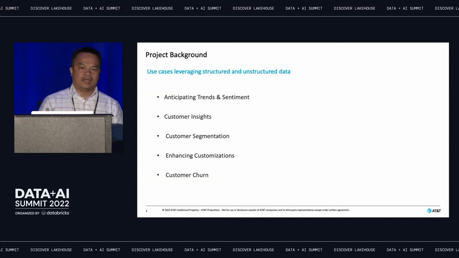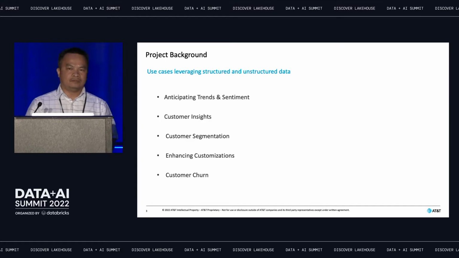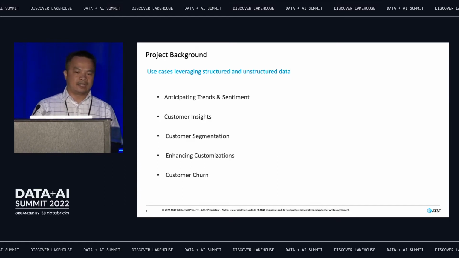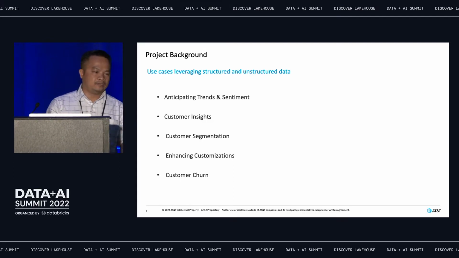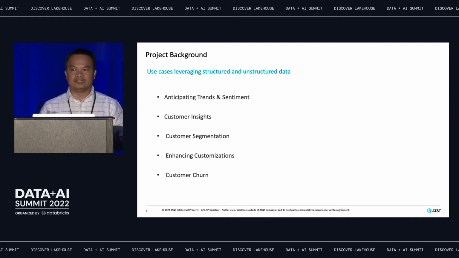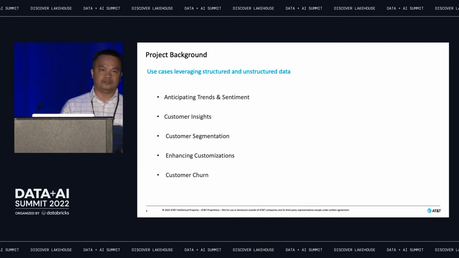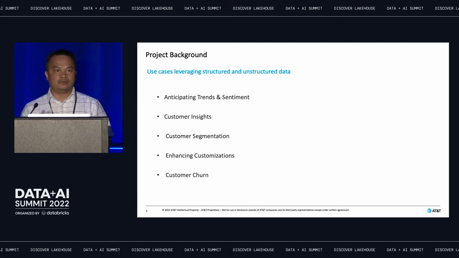As background, we have many different use cases using AT&T data. I can go deep into the data that we have, but we have use cases like anticipating trends and sentiment. This is where we see how customers feel about AT&T products in general, using social media and also some of the surveys that we got.